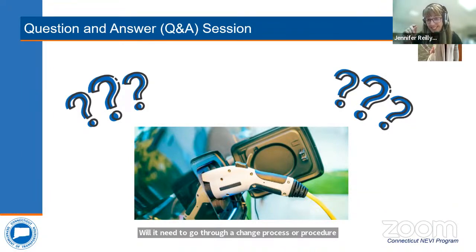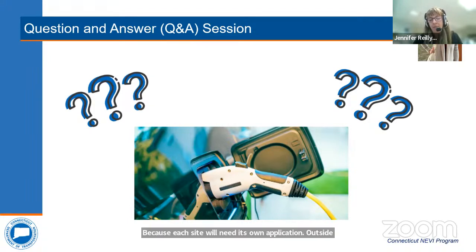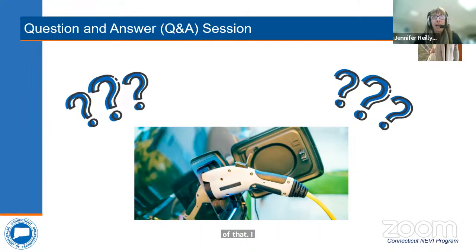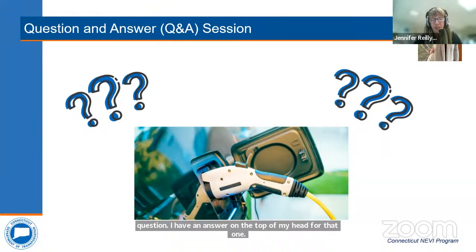So if you change the site, that could be problematic because each site will need its own application. Outside of that, I think that we would have to evaluate. I don't have an answer off the top of my head for that one. We would have to get back to them on that.